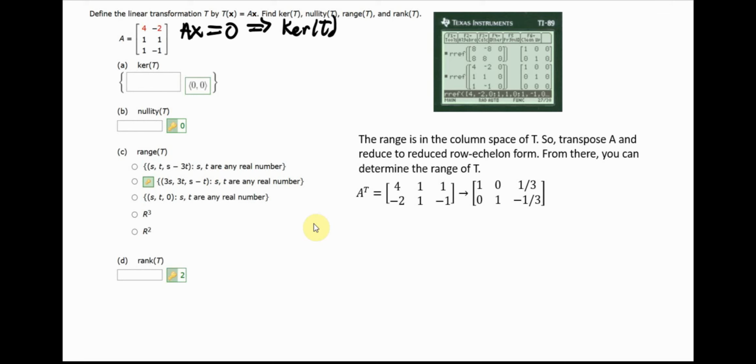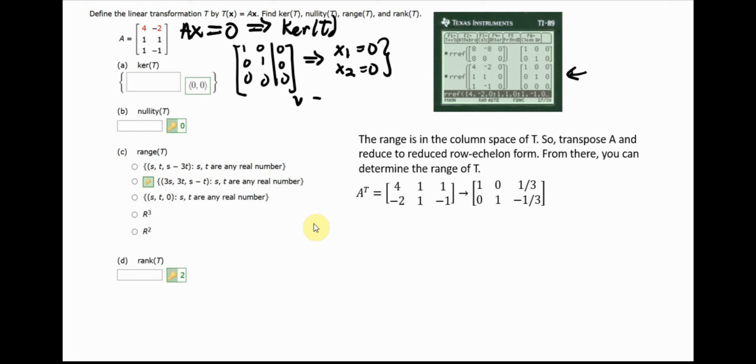So if we take the matrix here and just reduce to row echelon form, and this is what I'm doing over here, notice that in this reduction we set the system equal to 0. So this gives us x of 1 is 0, x of 2 is 0, and so from there we can stop and know that we only get one vector that has these zeros in it, and it's 0, 0.